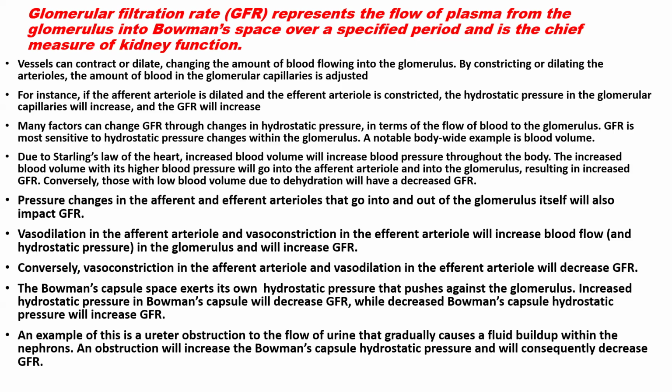This is going to increase the blood flow in the glomerulus and increase glomerular filtration rate. So vasoconstriction in the afferent arteriole and vasodilation in the efferent will decrease the glomerular filtration rate. So again, you look at what's happening here. What's being constricted, what's being vasodilated, and that's going to tell you how that GFR will either decrease or increase.